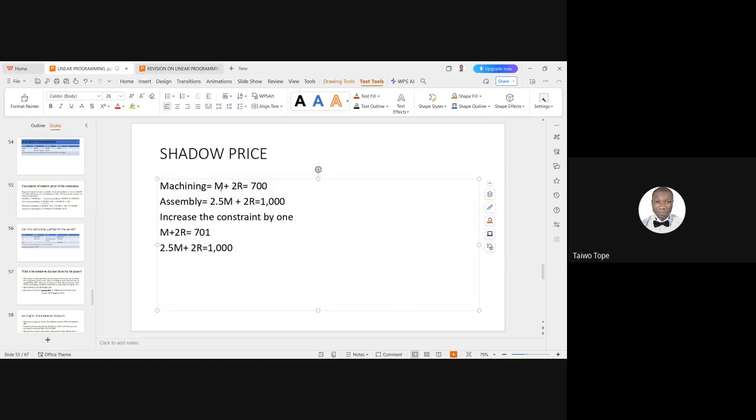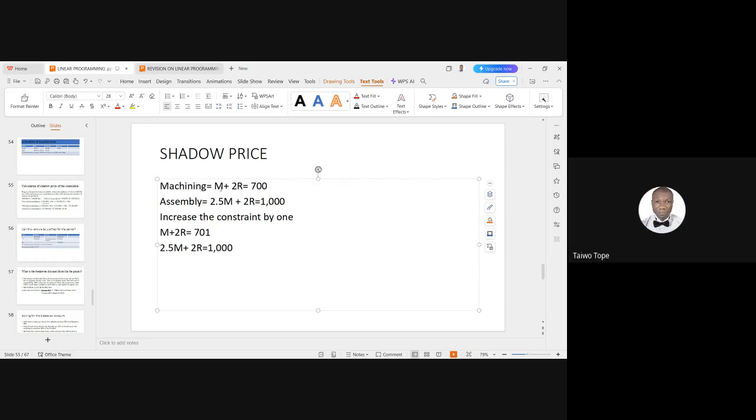So when you treat this, we apply our simultaneous equations to get the value of M and the value of R when we increase the hours for machining by 1.